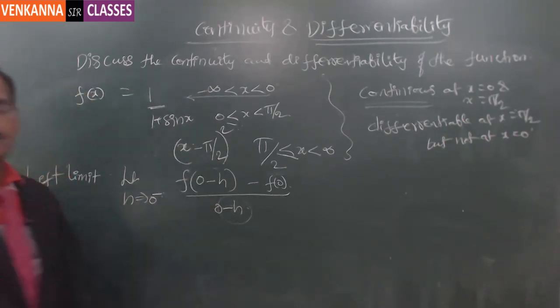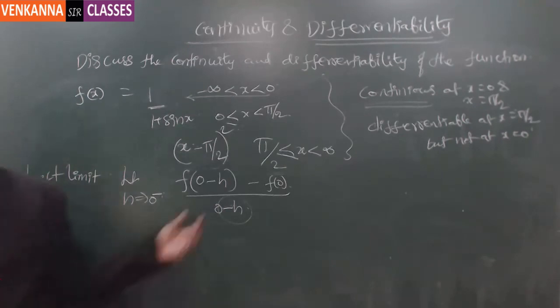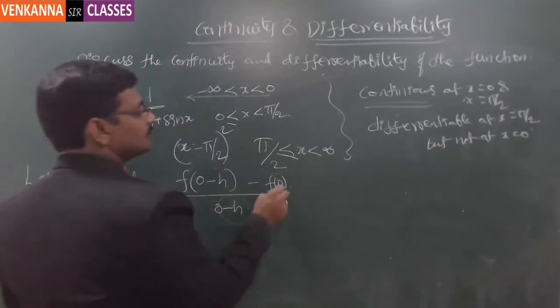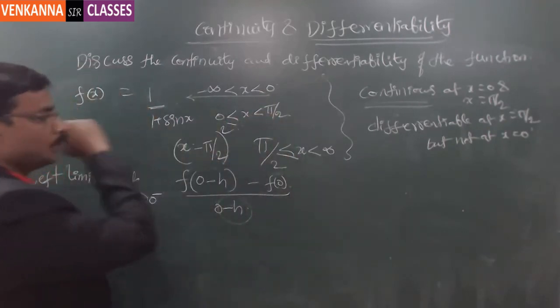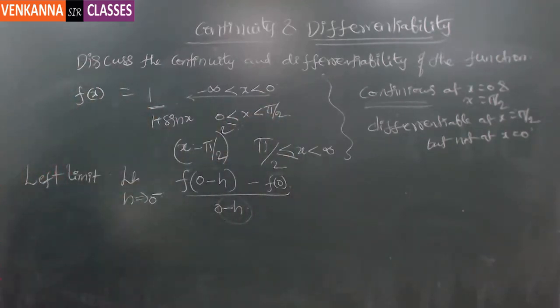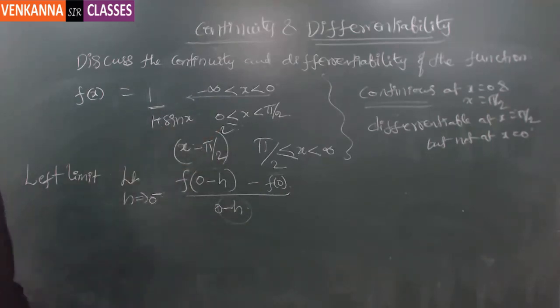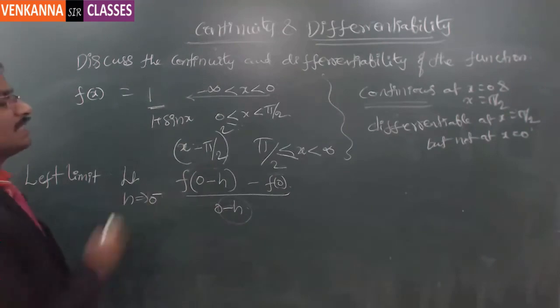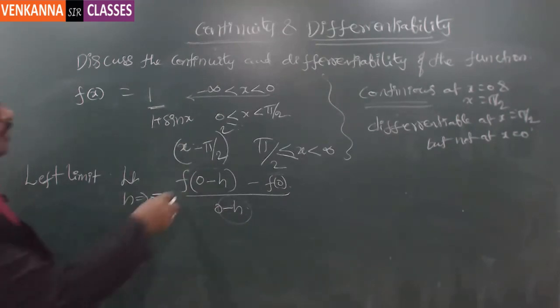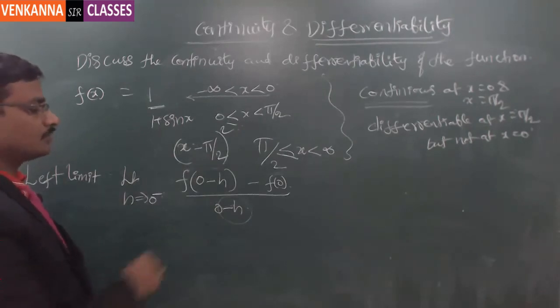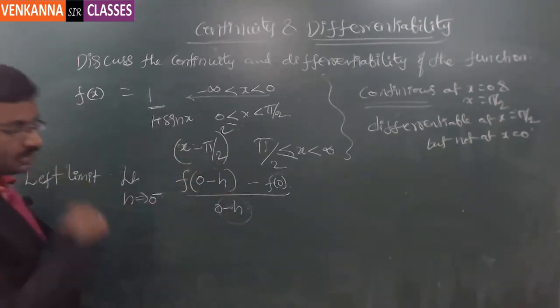So 0 minus h, that is the reason why we have kept minus h here. Now the function value, f of 0, is 1. We have calculated it already. Then f of 0 minus h is also coming out to be 1. So this is 1 minus 1, which is equal to 0.